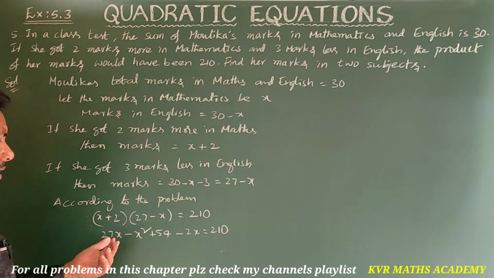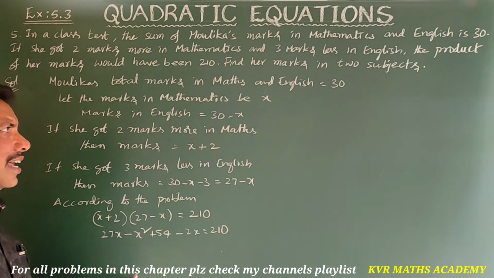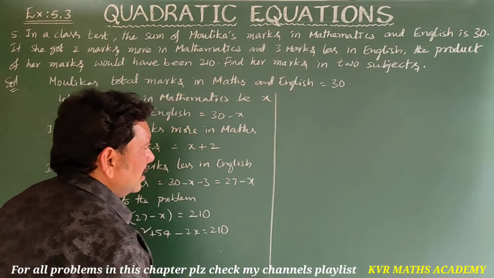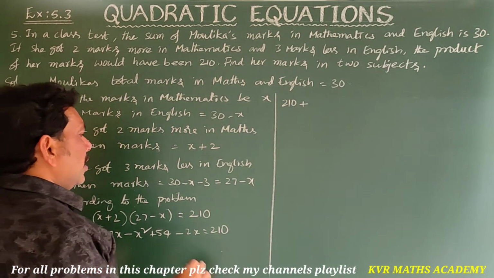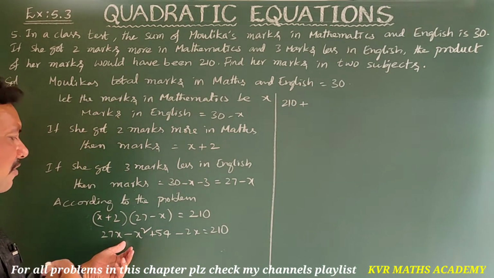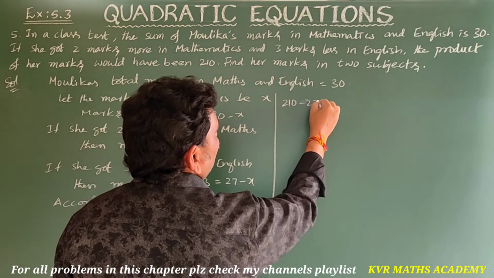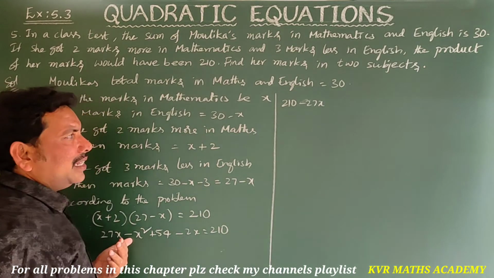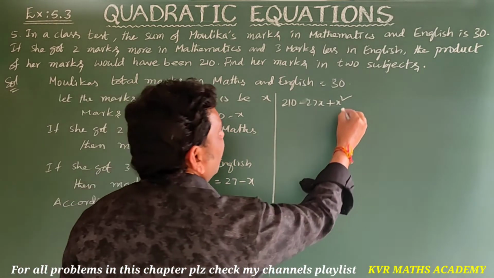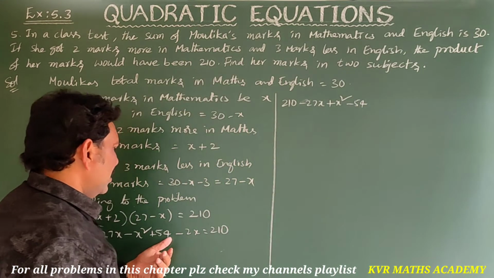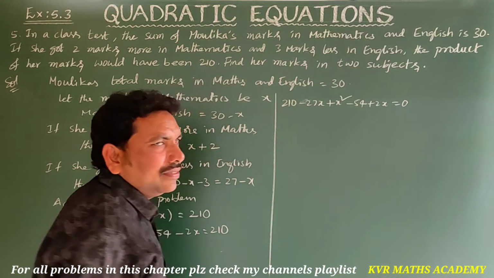Now transfer all of these to this side, because here minus x square is there. So 210 plus 27x, if you transfer to that side, becomes minus 27x. Minus x square will be plus x square, plus 54 will be minus 54, and minus 2x will be plus 2x, is equal to 0.